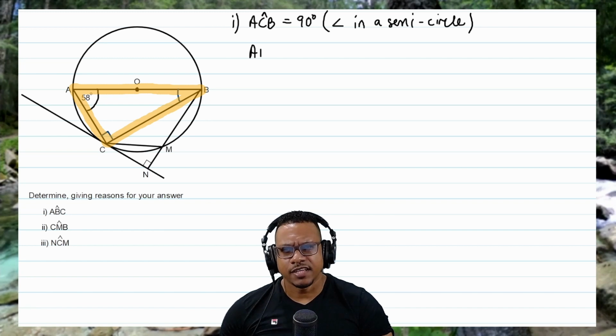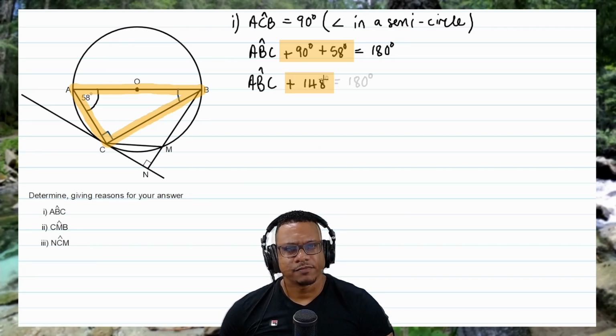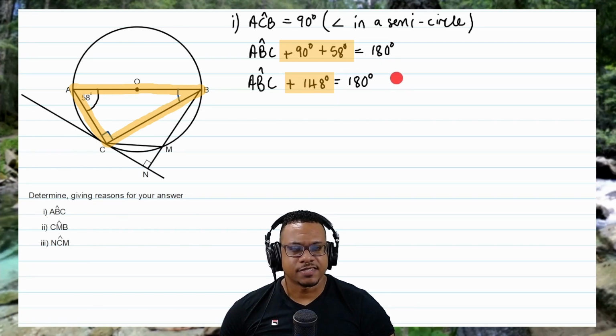So I'll have angle ABC, which is the angle they want us to find, plus 90 degrees plus 58 degrees is equal to 180 degrees. So 90 plus 58 is 148 degrees. So now I'll transfer this positive 148 degrees across to the right hand side and it will turn to negative 148 degrees.